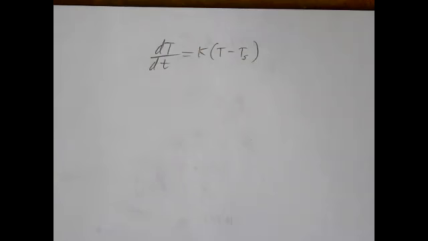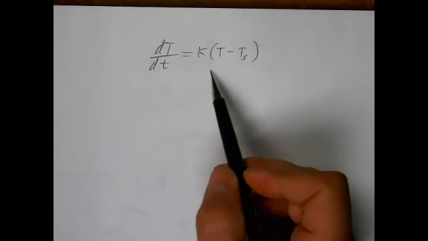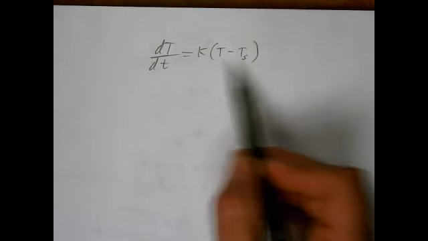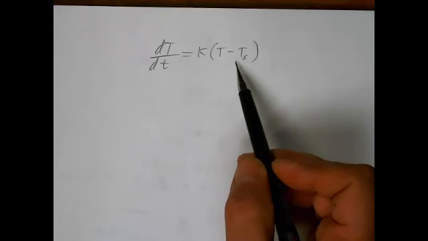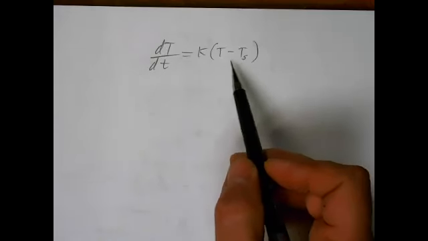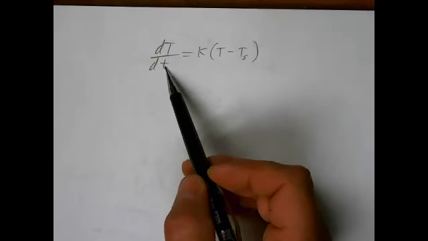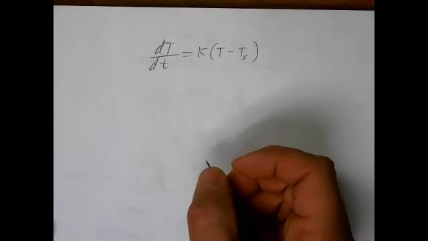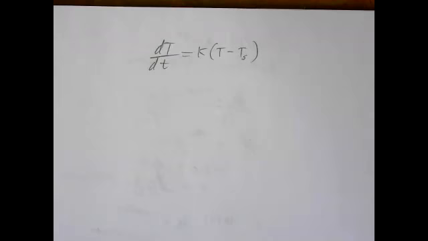All right. Now, the problem is I can't use the same formula I've used before because there was no subtraction in that earlier formula. So what we want is a function that will tell us temperature at any time. But what we're going to have to do, at least for the moment, is settle for a function that gives us difference in temperature.